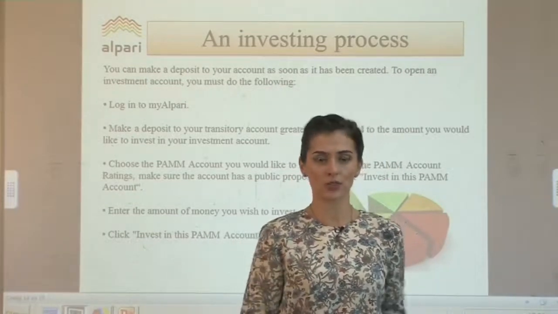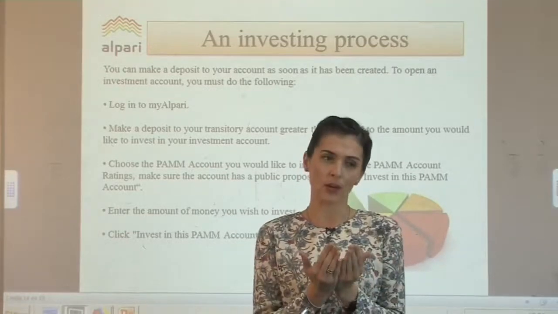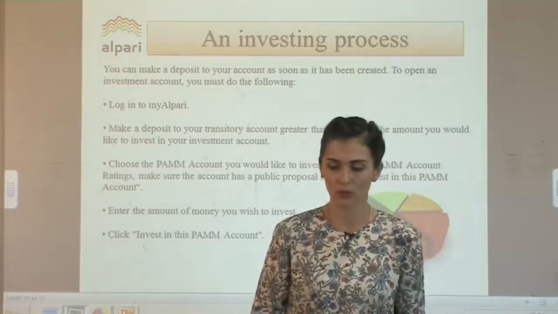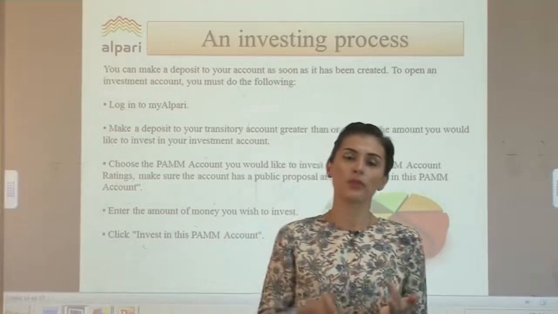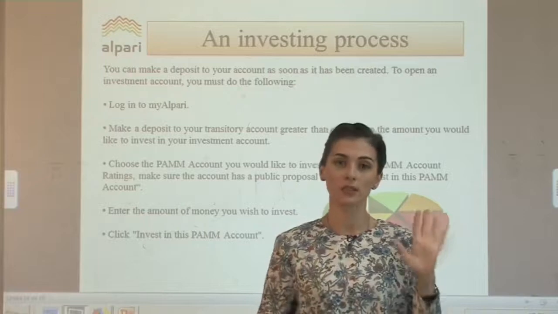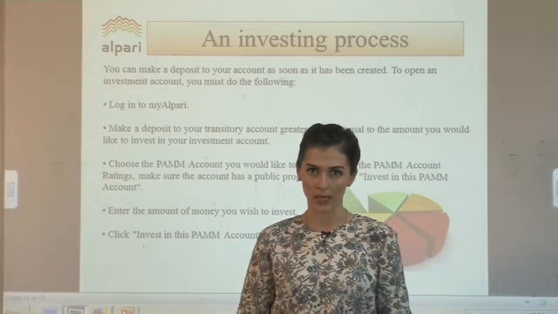Just try to choose the PAMM account that suits your risk profile. Then you could succeed. Okay, amount, period, allowable drawdown, desired yield, and risk profile. These are the five bullet points of an investment outline.